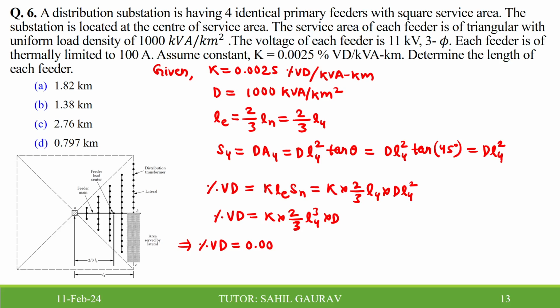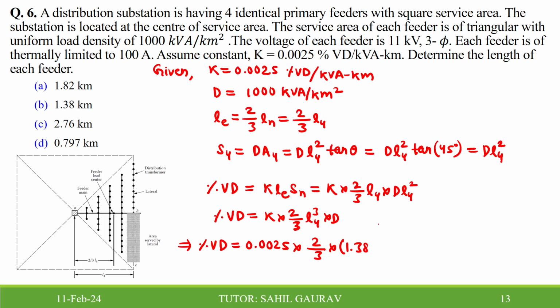Sorry guys. So we are here. Yeah, sorry. 0.0025 into 2 by 3 of L4 cubed. L4 is 1.38. So L is also not given here.